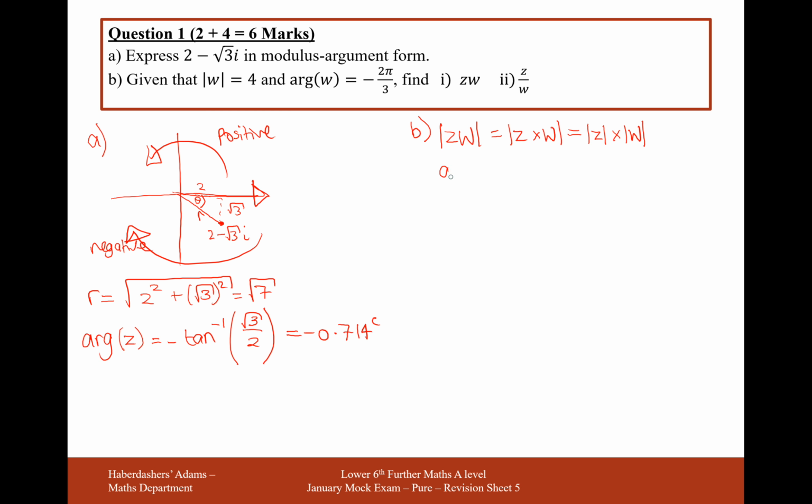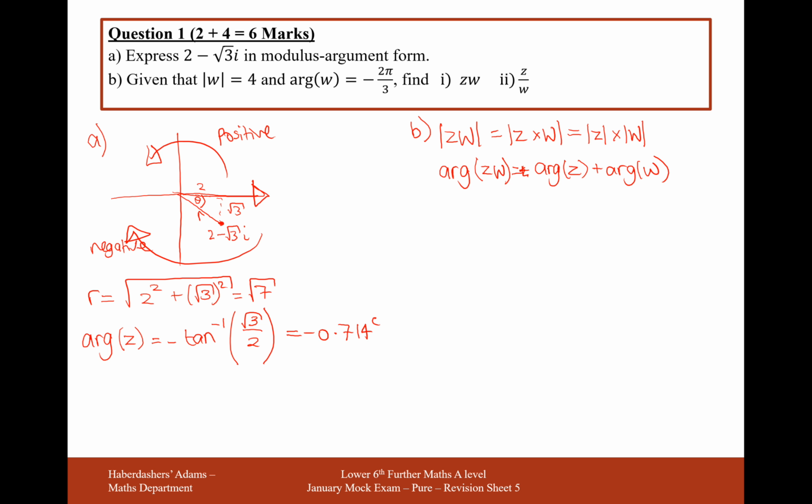And if we want to times our complex numbers together and find the argument of them, then we're going to add our two separate arguments together. So arg z plus arg w. That's what we need for the first bit, part i.